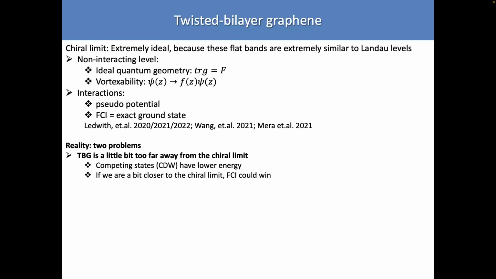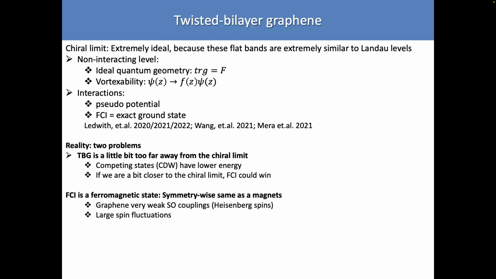Okay, and there is another small problem. The other small problem comes from the fact that twisted bilayer graphene, or graphene, has very weak spin-orbit coupling. Because of the weak spin-orbit coupling, electron spins, or hole or particle spins, in graphene are pretty much Heisenberg spins. For Heisenberg spins in a 2D material, we know that there will be a lot of thermal fluctuations.